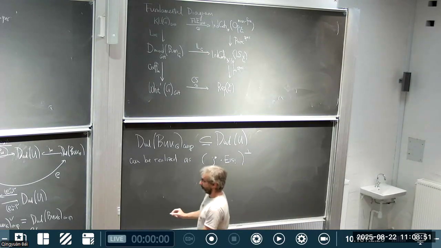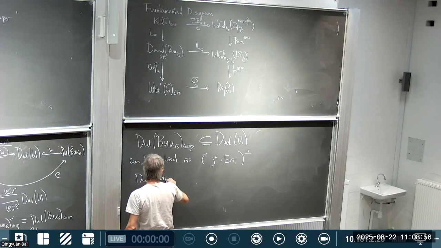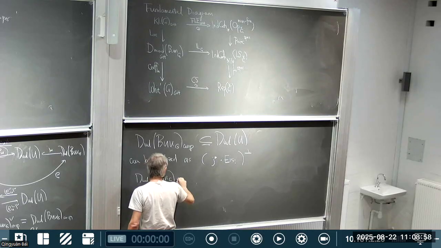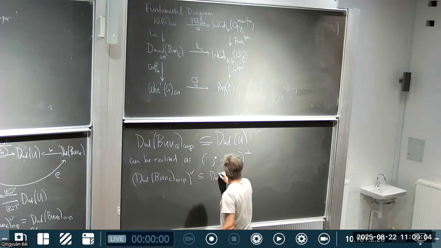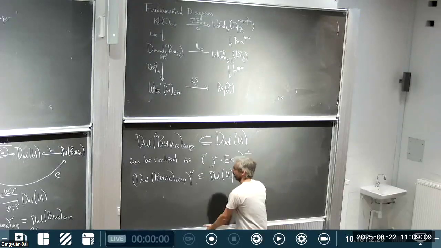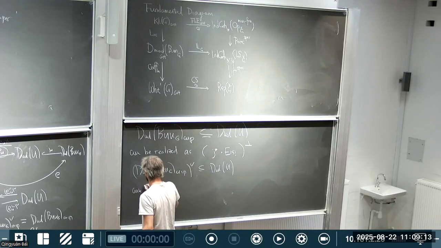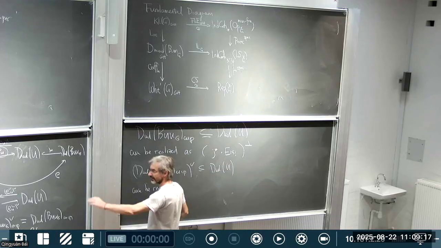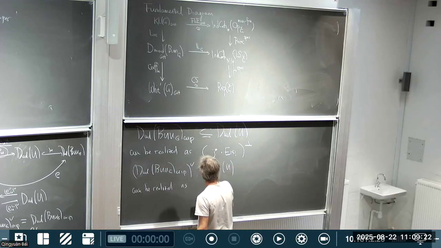But D mod Bun G cusp dual, also viewed as a subcategory in D mod U due to Verdier duality, can be realized, if you unwind these definitions exactly with Verdier duality, as the perp of the following guys.